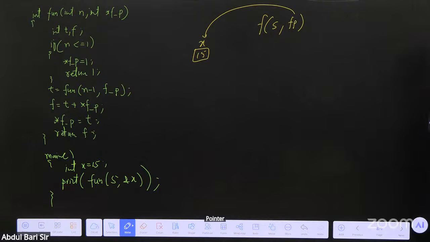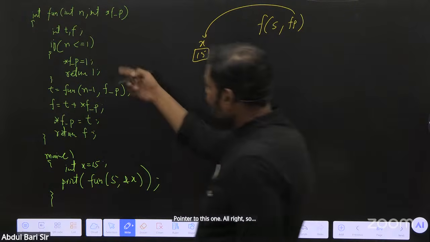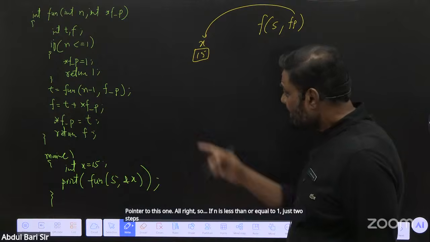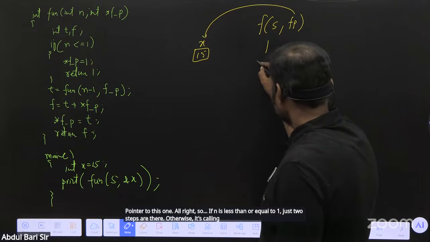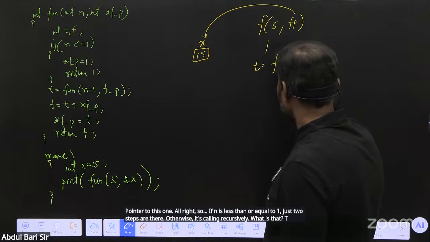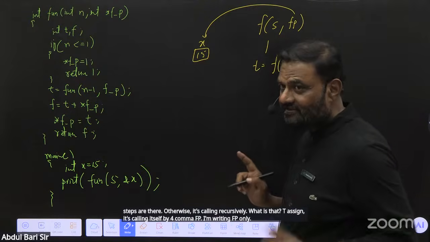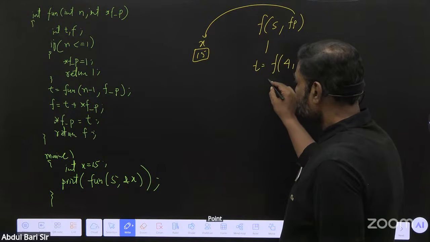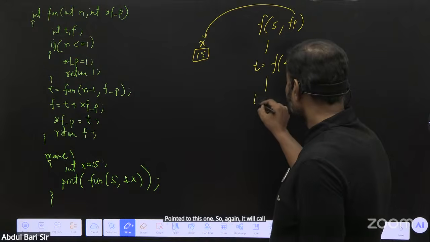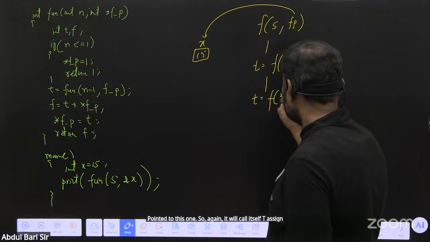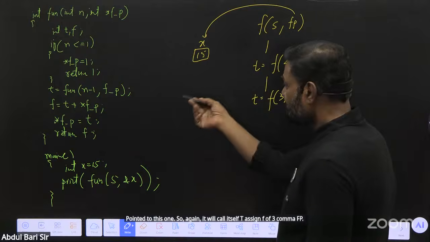So if n is less than or equal to 1, just two steps are there. Otherwise, it's calling recursively. What is that? t assign, it's calling itself by 4 comma fp. I'm writing fp only. fp is a pointer to this one. So again, it will call itself, t assign f of 3 comma fp. Other steps we'll do later on.